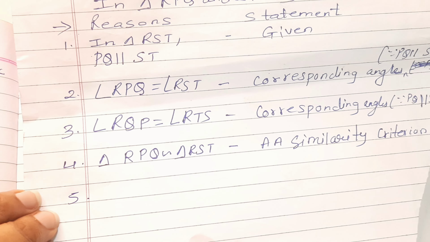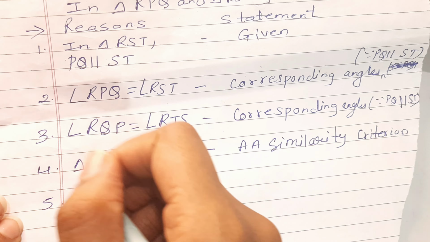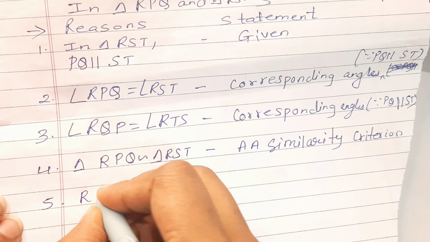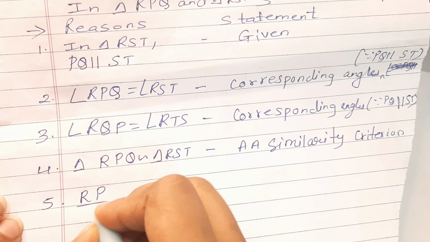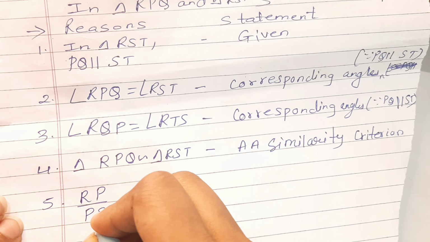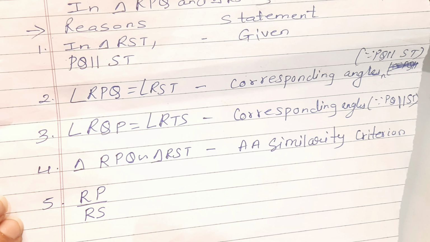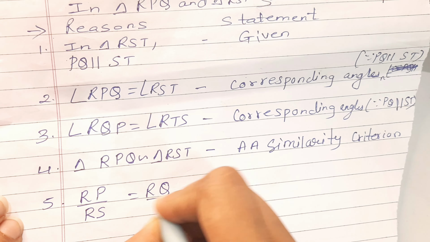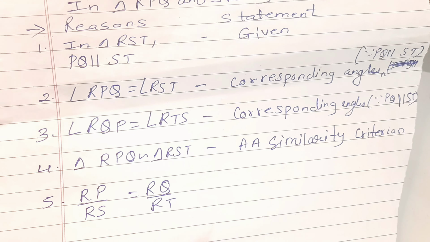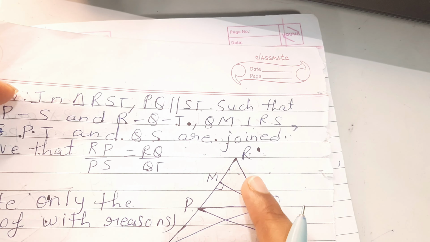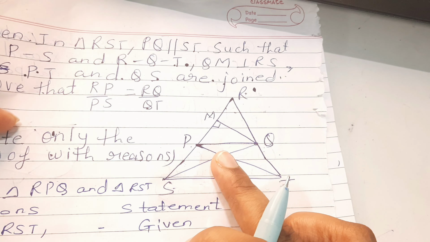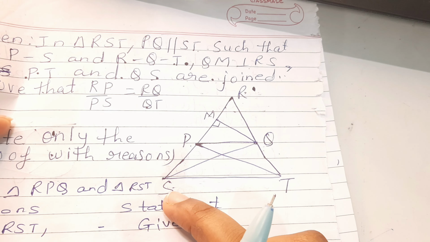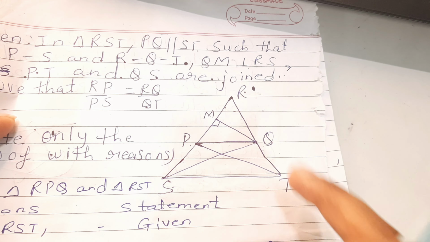So last I can say that RP upon RS is equal to RQ upon RT. See, RP upon RS is equal to RQ upon RT.